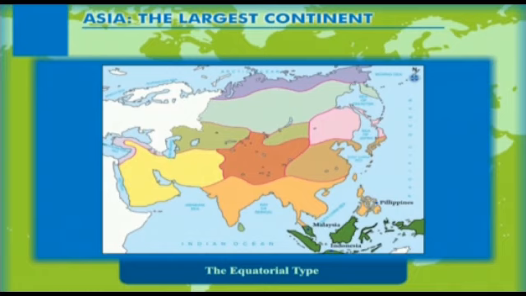So practically there's no season, with a very low annual range of temperature. Number two, high temperature throughout the year with heavy rainfall. It receives heavy convectional rainfall, which occurs mostly around 2 to 4 p.m., and this rainfall is often accompanied by thunderstorms. So these are the different climate types experienced by Asia.